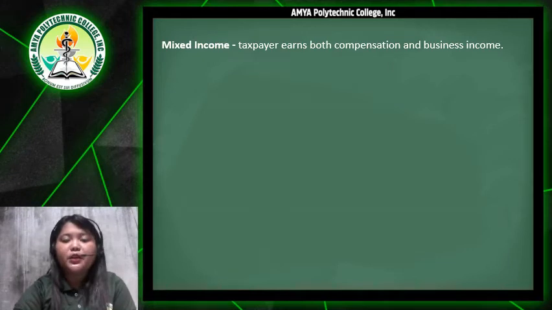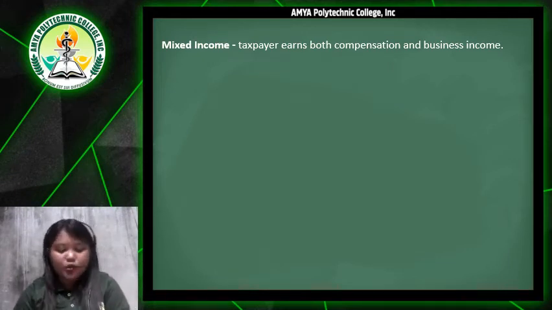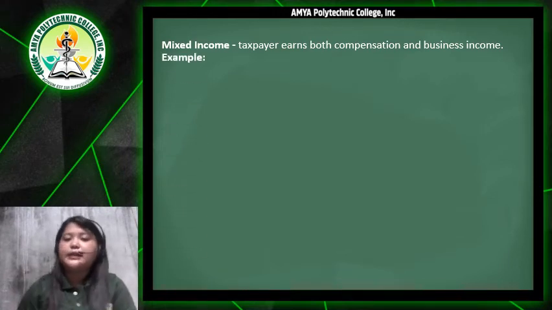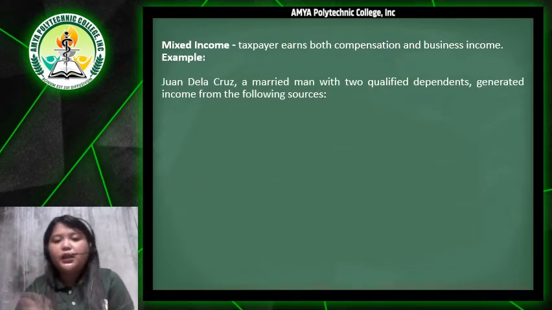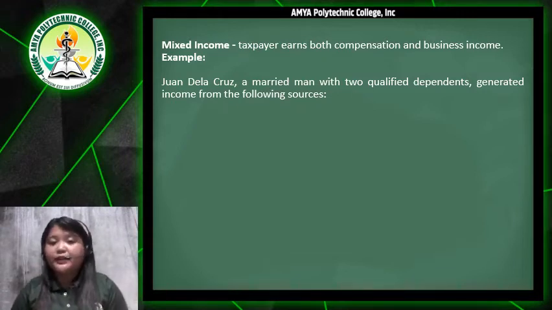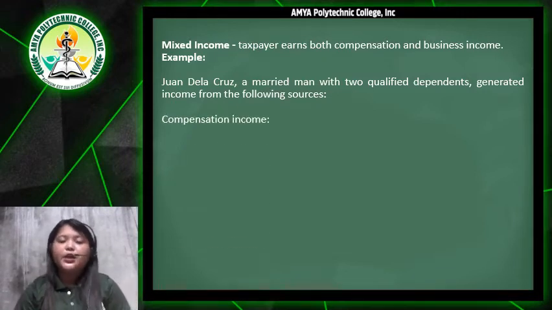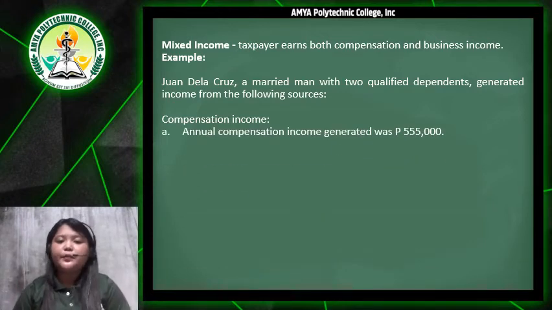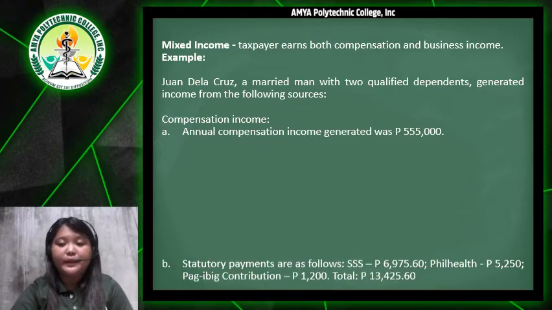Next is mixed income, where the taxpayer earns both compensation and business income. Here we have an example. Juan de la Cruz, a married man with 2 qualified dependents, generated income from the following sources. For the compensation income, the annual compensation income generated was 555,000 pesos.